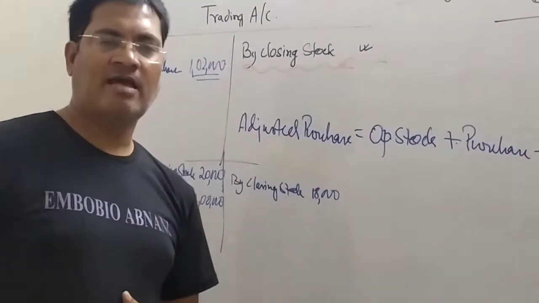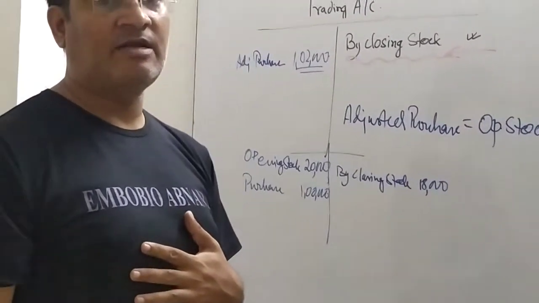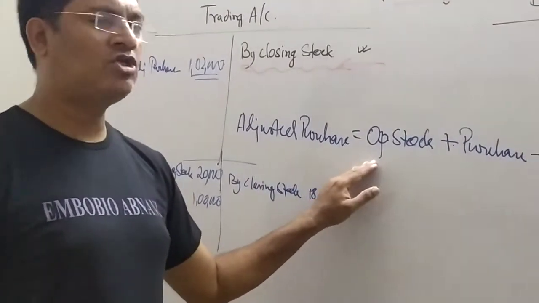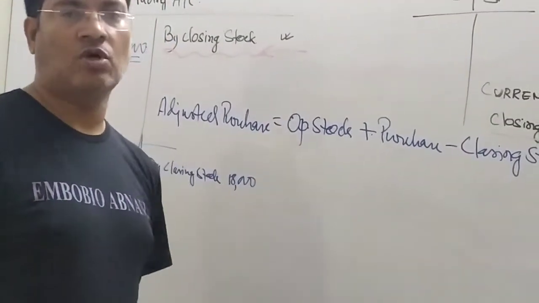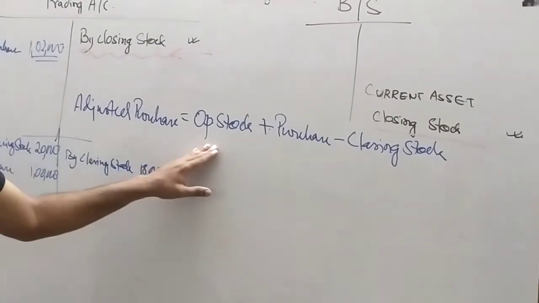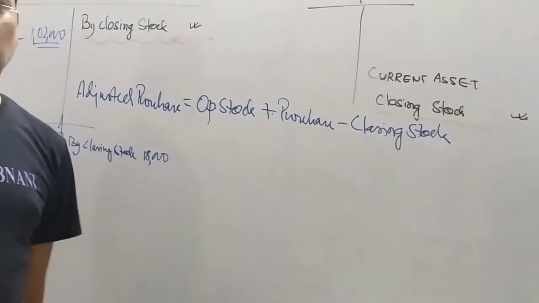Adjusted purchase means opening stock plus purchase minus closing stock. This will be given in the trial balance.